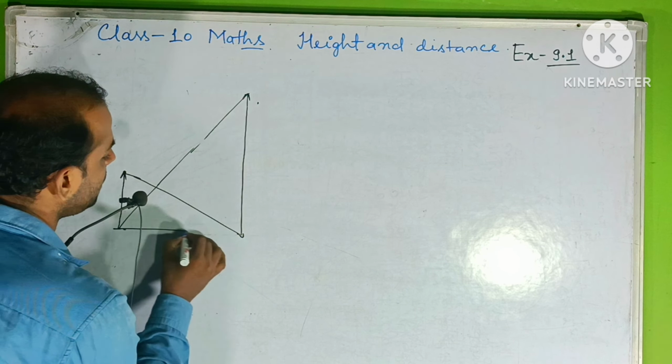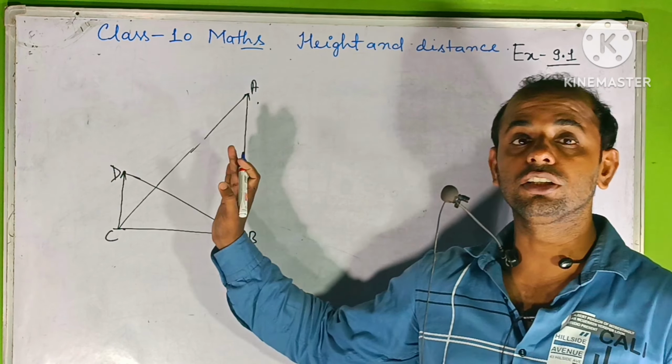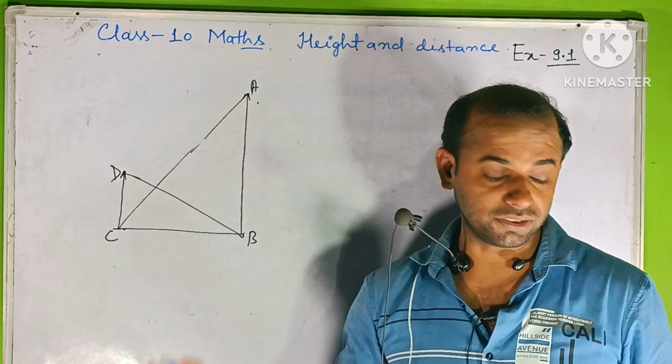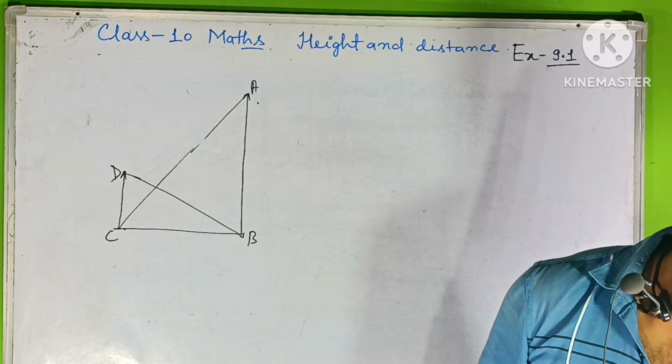These are the two things given in the question. Very important figure. Many times students get confused in this question about where to take the angle of elevation or where to take the angle of depression. So it is very important.